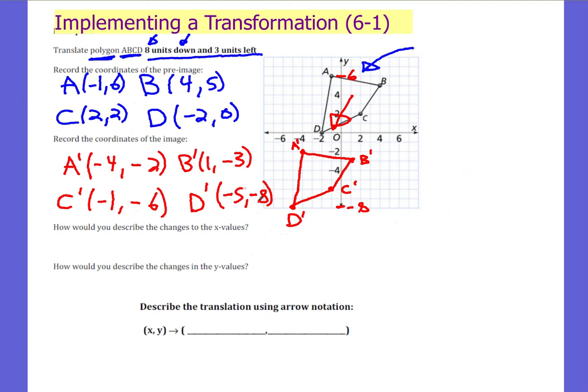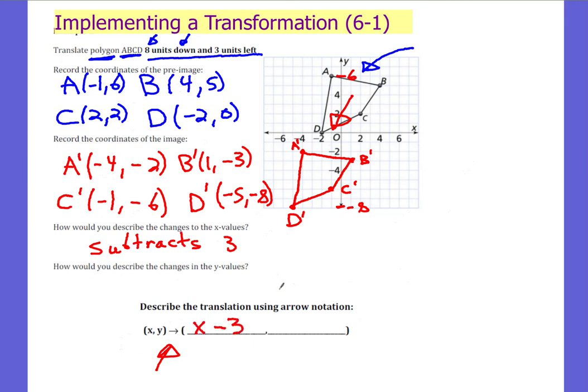So the changes in the X values, I can just say that subtracts 3. So if I want to get the new X coordinate, we have this arrow diagram, and I can say, well, it's just the X coordinate of the original minus 3.